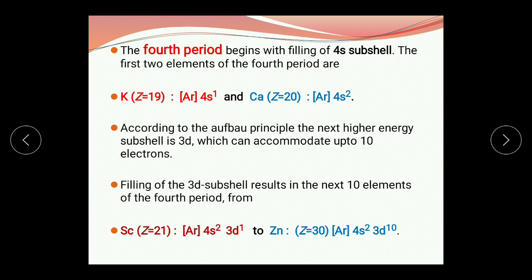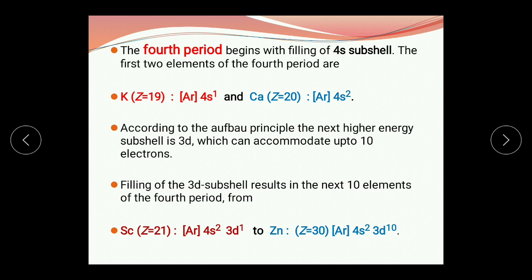That is atomic number 21, 3d1, 22 will be titanium, 3d2, third vanadium, V, atomic number 23. The third electron will also go to 3d3, 3d4, 3d5 up to 3d10. When we come to 3d10, it is zinc with atomic number 30.